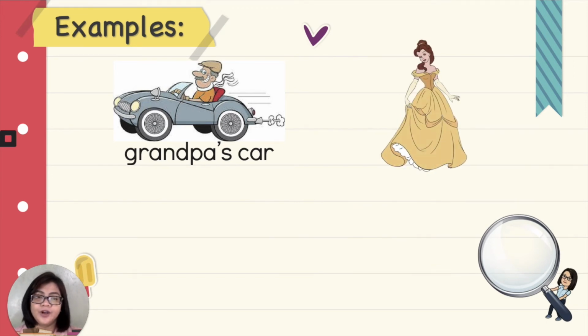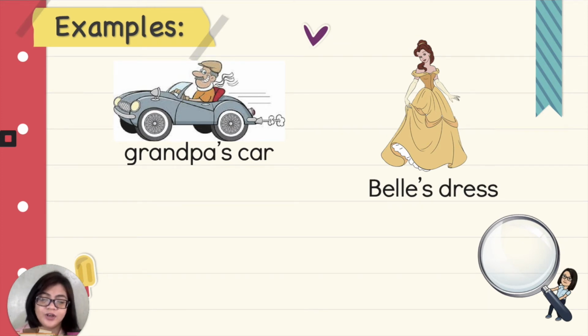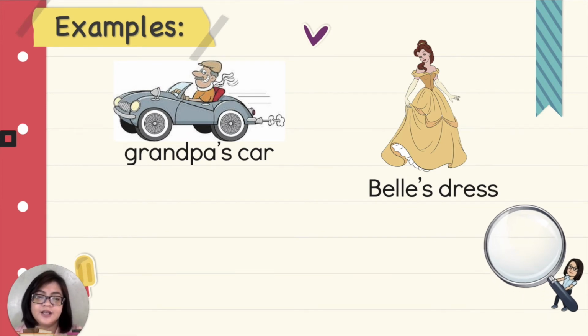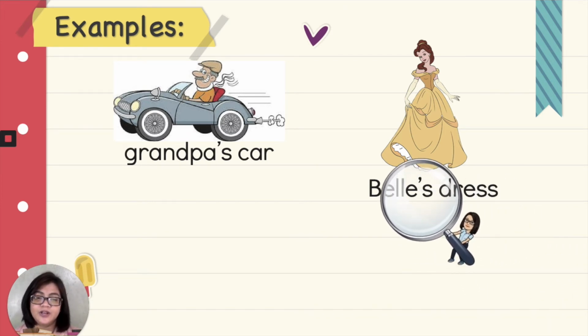For our next picture, we have Belle's dress. The name Belle is a proper noun, and it is also a singular noun, so you only have to add apostrophe S at the end of the name of the owner. So, Belle's dress.